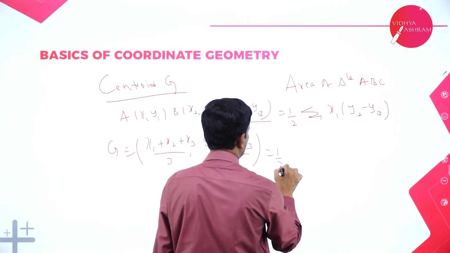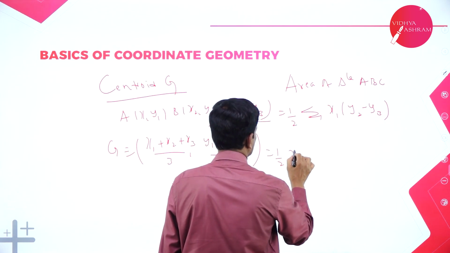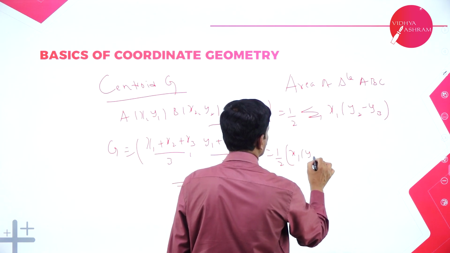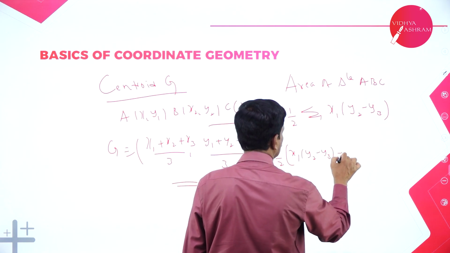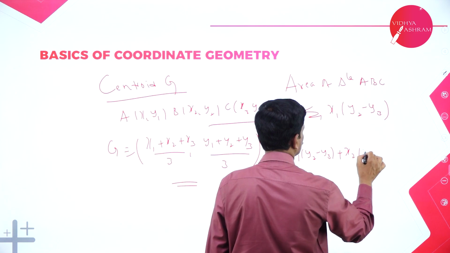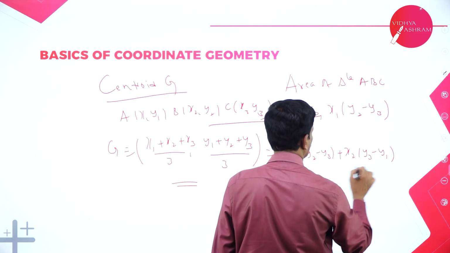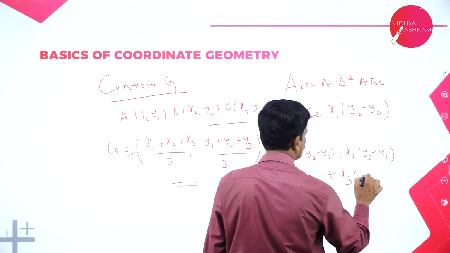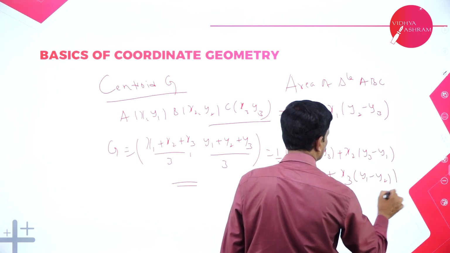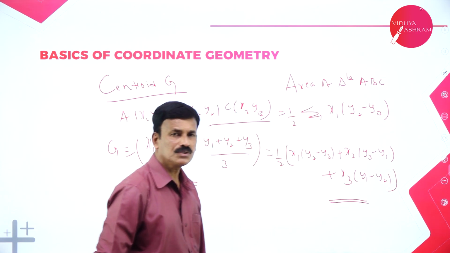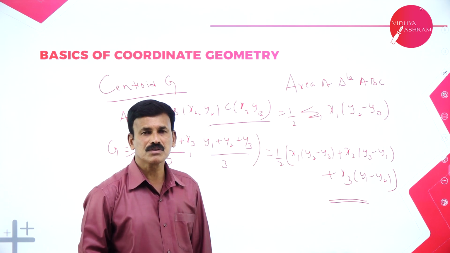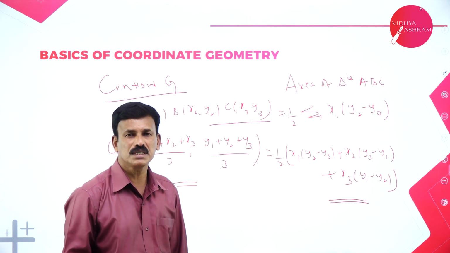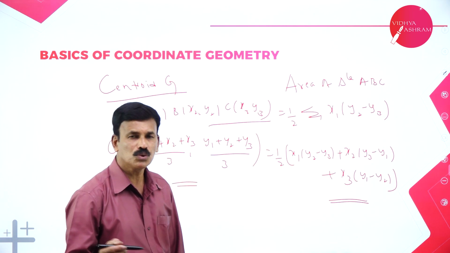That is nothing but half into [x1(y2 - y3) + x2(y3 - y1) + x3(y1 - y2)]. This is the formula we are going to use. Suppose the area is equal to 0, then the points A, B, C are said to be collinear.